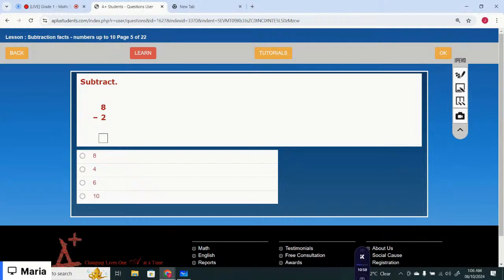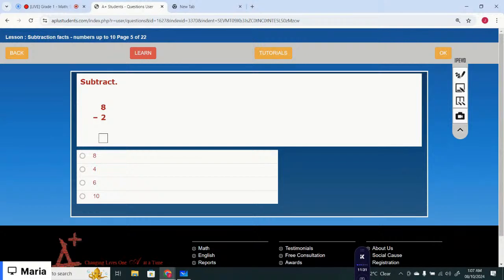The next one is 8 take away 2. So which is the correct option? Start with the smaller number, count up till the greater one. So which is the correct option? 8 take away 2 equals. I'm waiting for the answers from your side.